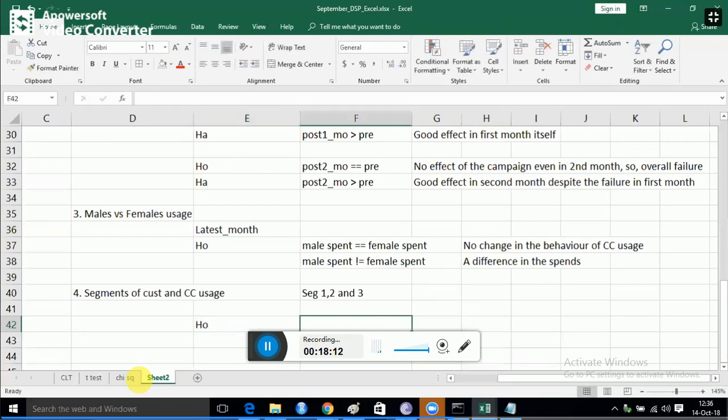In segment 1, the average spend, I'm just taking an average here, which is okay to consider. So segment 1 average equal to segment 2 average equal to segment 3 average spend or average credit card usage.